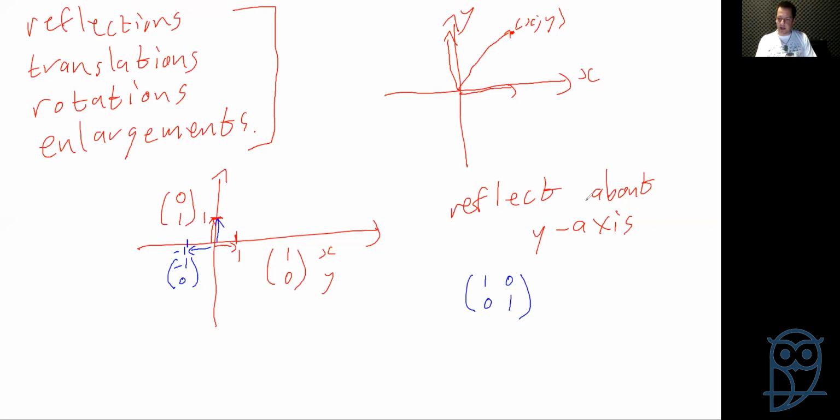To reflect it about the y-axis, it needs to become -1, 0, and then this one, which is still 0, 1. You'll be like, all right, I kind of get what you're doing, but how am I going to use this? Well, let's actually put some coordinates and see how we can do this.